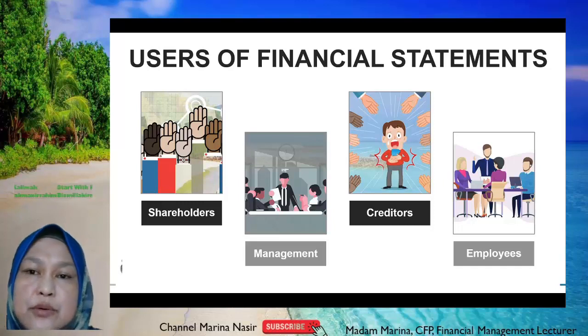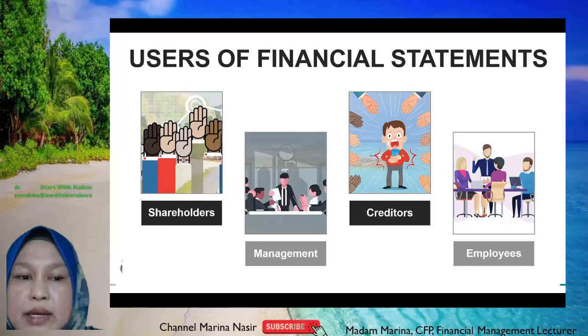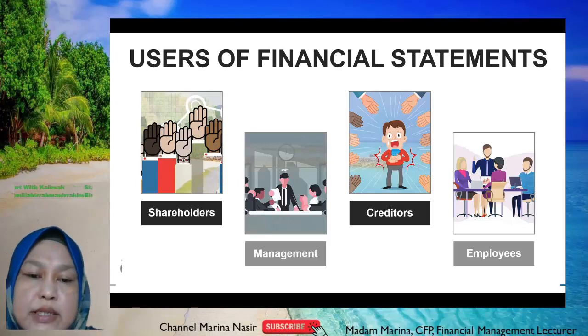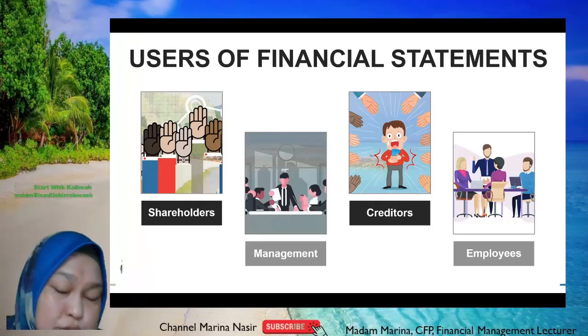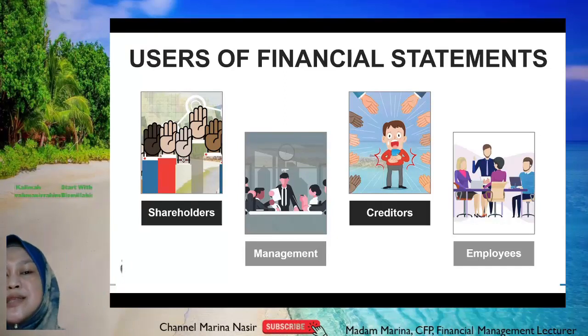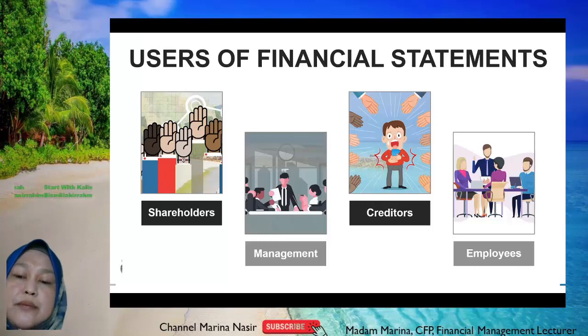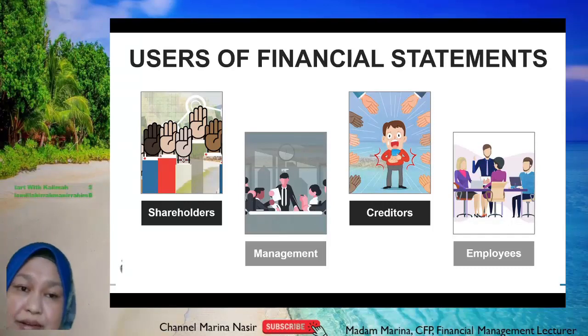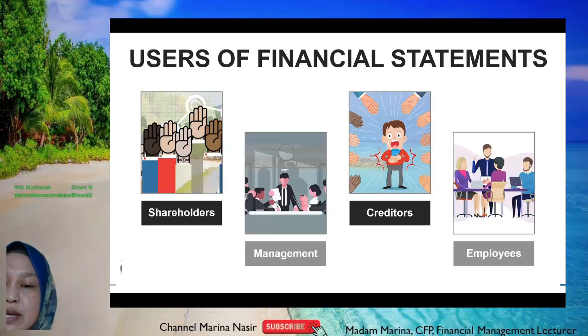Shareholders want to know whether they can get dividends. Management wants to know the company performance, either good or poor, and what action to be taken. Creditors want to know whether to give our company credit terms or not. Employees want to know the sustainability of the company, whether the company can continue to give salary and bonus.